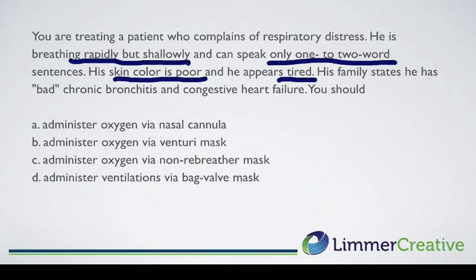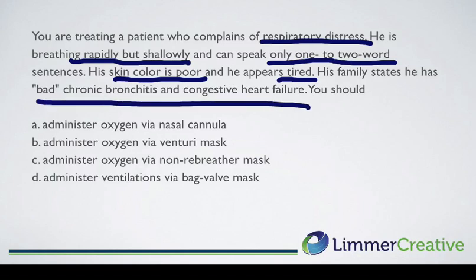Now, the 2 other things that are in here I want you to just note is that the complaint is respiratory distress. That's not a surprise. And then he has a history, all right, of respiratory problems, bad chronic bronchitis and congestive heart failure. Okay, he's got a long history of respiratory problems. He's a respiratory train wreck. But just the history of respiratory distress and the type of diseases he has doesn't indicate he needs to be ventilated. It's part of the picture.